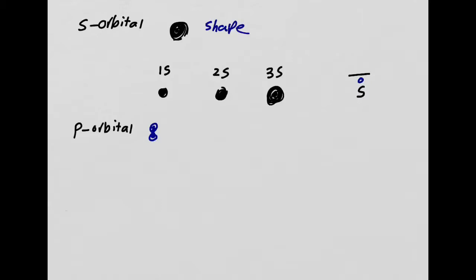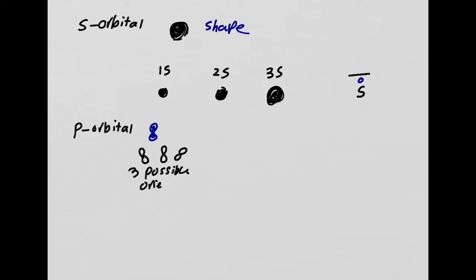Now, if you have a dumbbell, how many different orientations do you think you can have? The dumbbell can go this way, it could be straight, or it could be slanted the other way. So how many possible orientations can you have? 3 possible orientations.